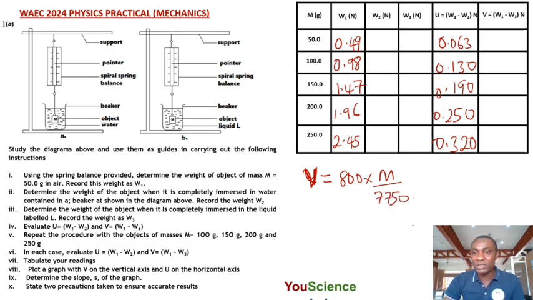We are using the same density times 9.8. What you can just do to simplify your work, I should have done it with the other one, just multiply 800 by 9.8 and divide it by 7750. Just make it linear. So that becomes 800 times 9.8 divided by 7750.